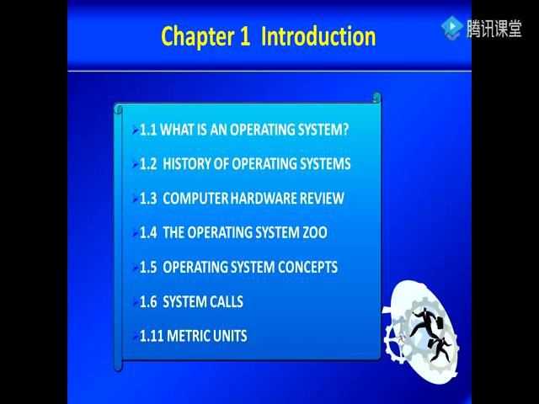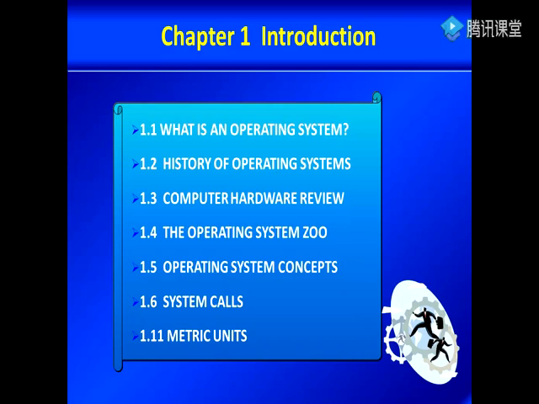As I said, you already know that operating systems can act as an extended machine and a resource manager. And you also know that there are two different modes in the CPU, called kernel mode or supervisor mode, and user mode.